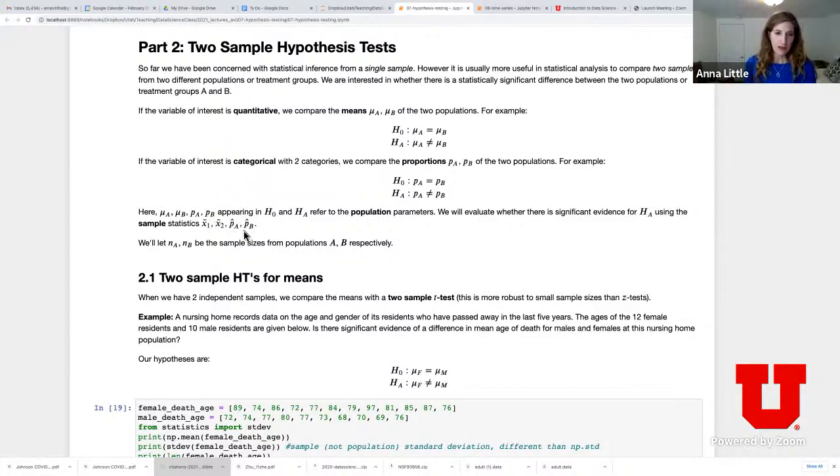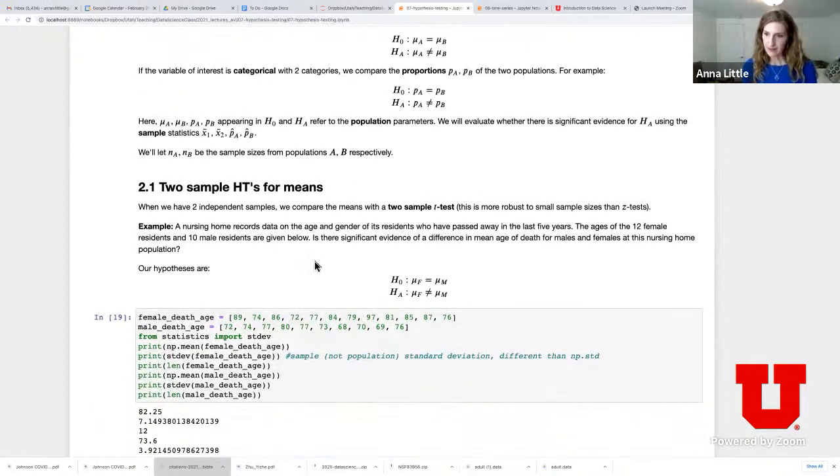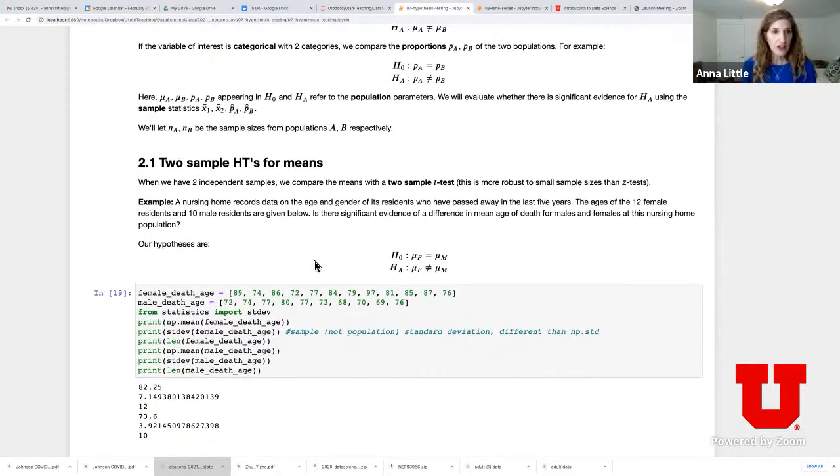So from these sample statistics, we want to make an inference about what's true for these population parameters. Let NA and NB be the sample sizes from populations A and B respectively.